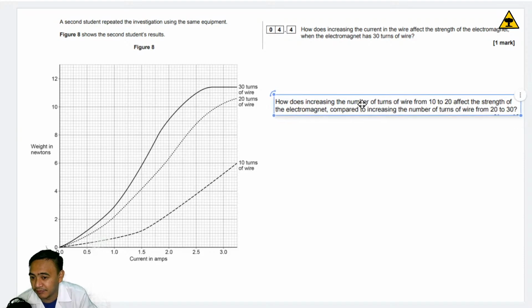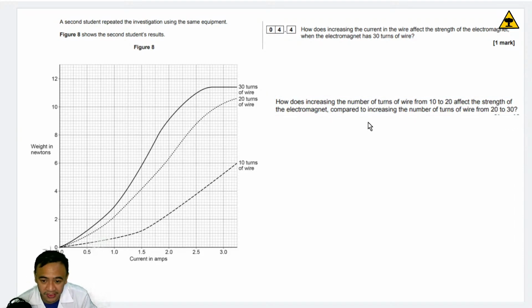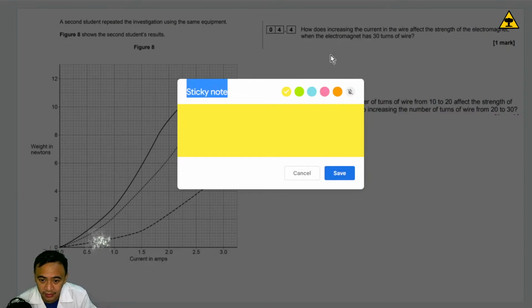Remember, the best possible answers always state an observation here. So what observation can you make? A general trend is required. Okay, what do you mean by that? As in there would be a constant trend in strength when increasing the turns. Okay.